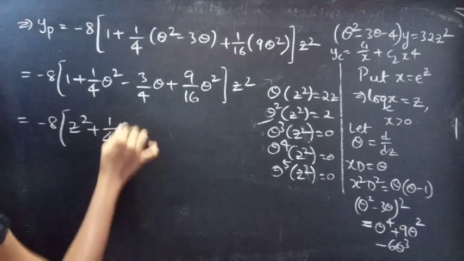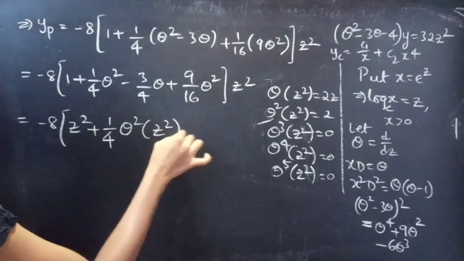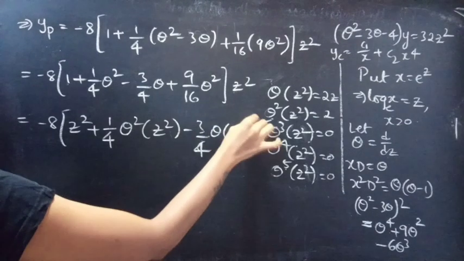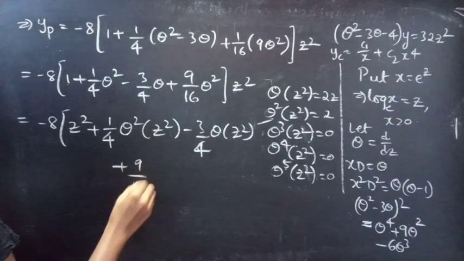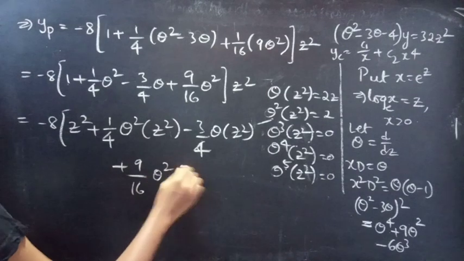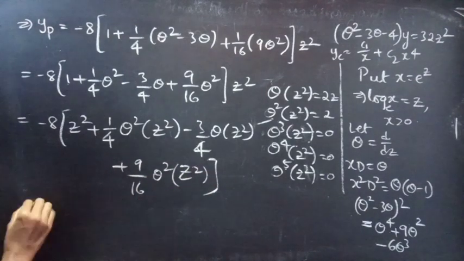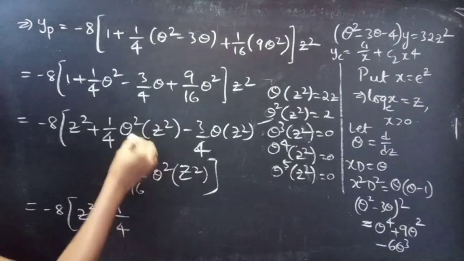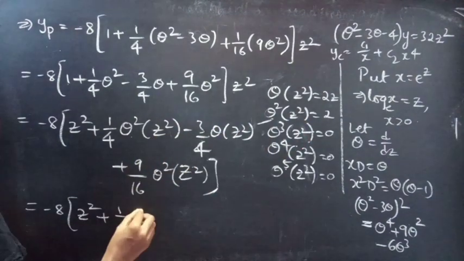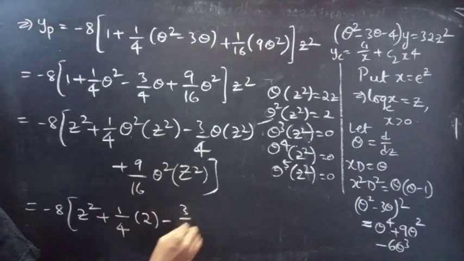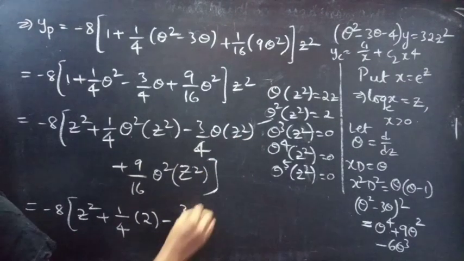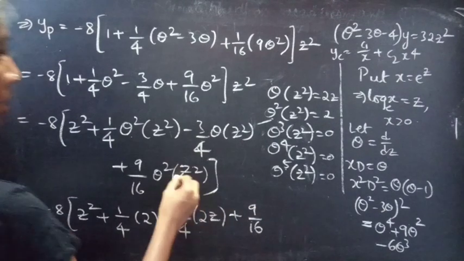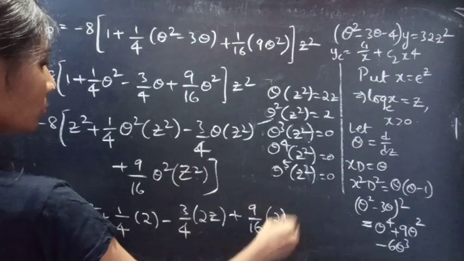which equals minus 8 into 1 into z square plus 1 by 4 into theta square of z square minus 3 by 4 into theta of z square plus 9 by 16 into theta square of z square, which equals minus 8 into z square plus 1 by 4 into theta square of z square, which is 2, minus 3 by 4 into theta of z square, which is 2z, plus 9 by 16 into theta square of z square, which is 2.